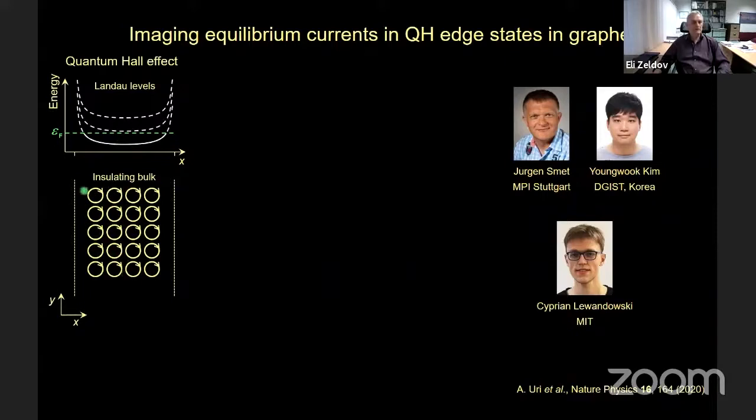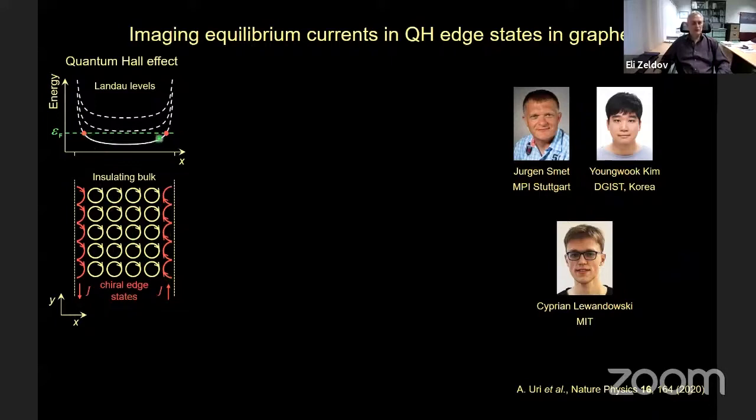And all the action happens on the edges, where we have these famous skipping orbits, which allow flow of current downstream, as we call it, along these chiral edge states. So we have one edge that carries current down, and the opposite edge carries current up. And these edge states are topologically protected. This is the general picture that we imagine.